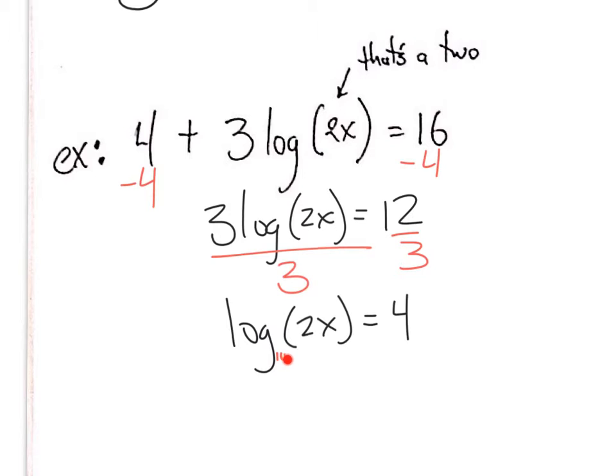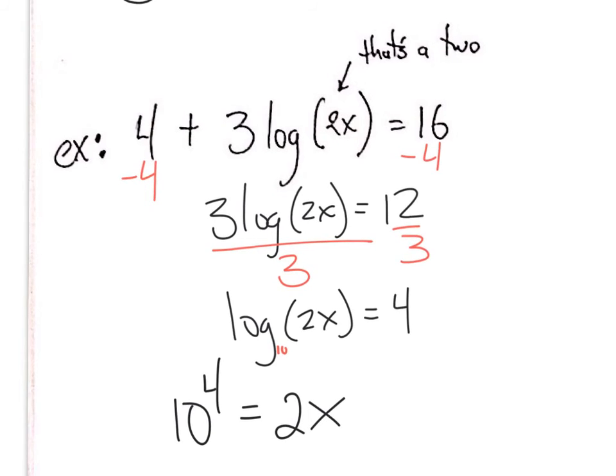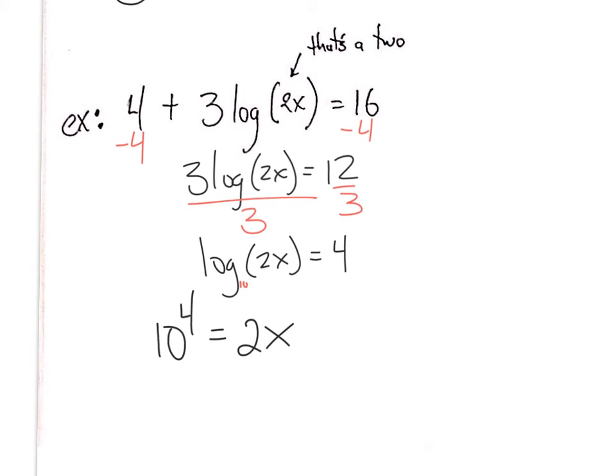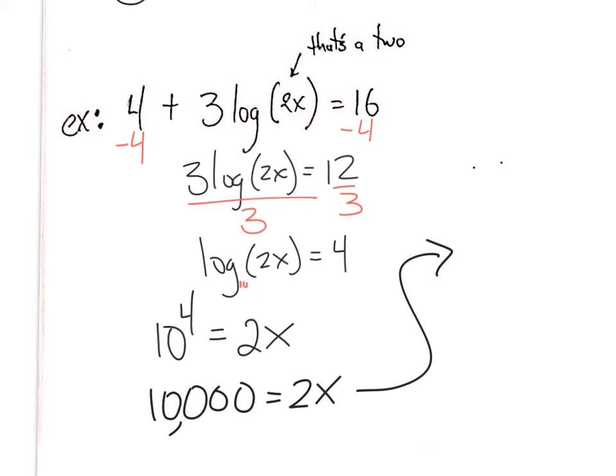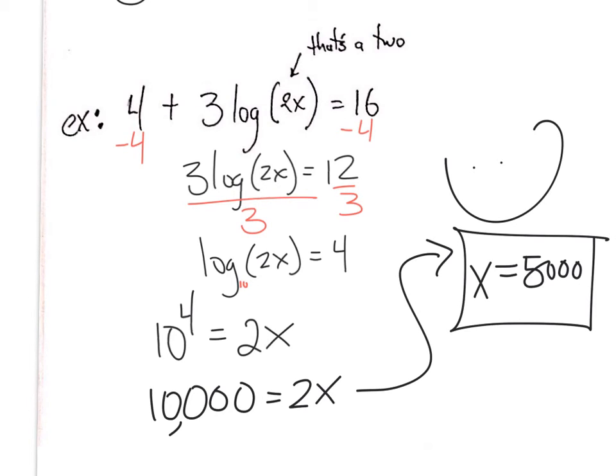So we've got base, exponent, answer. 10 to the 4th, that sounds like a big number, but we can do it. 1 with 4 zeros. 10,000 is 2x, and x equals 5,000. Very nice.